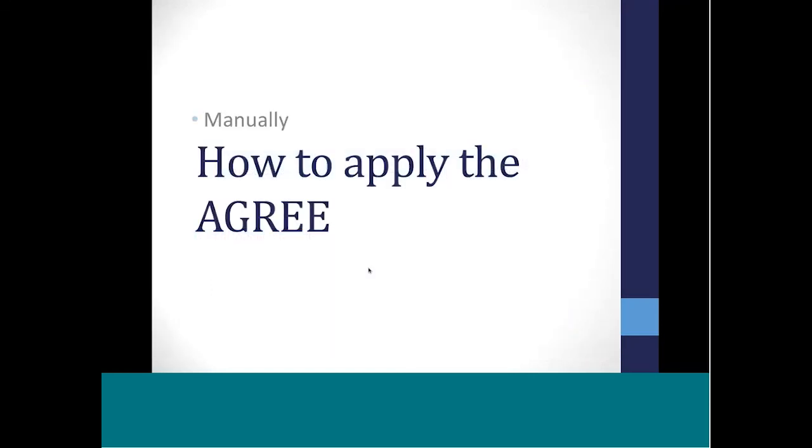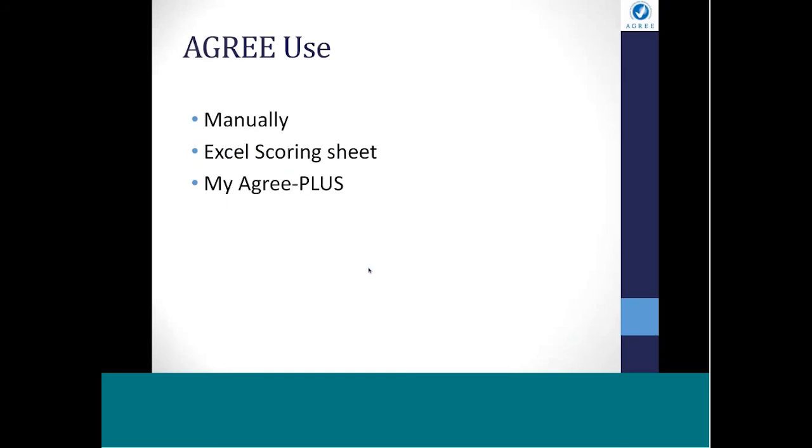So how to apply it? You can do it manually, that means with the PDF, score manually, write the rationale, and make the calculation by yourself. Some people create Excel scoring sheets that include all the formulas and equations, and you can have the final percentage at the end.